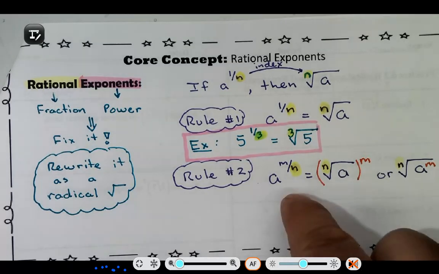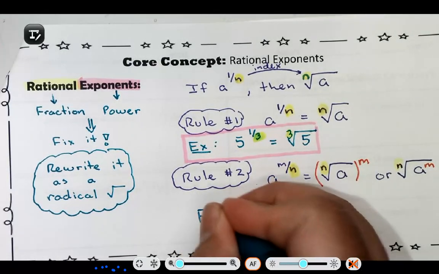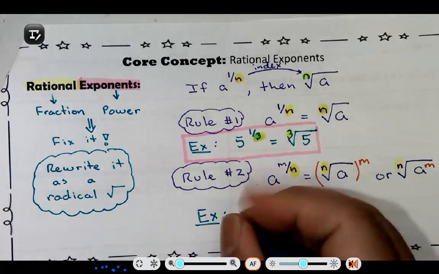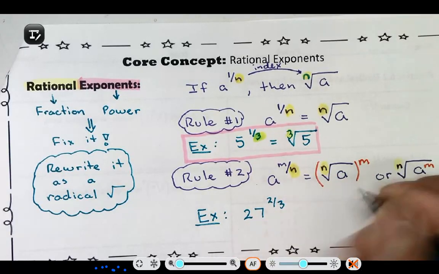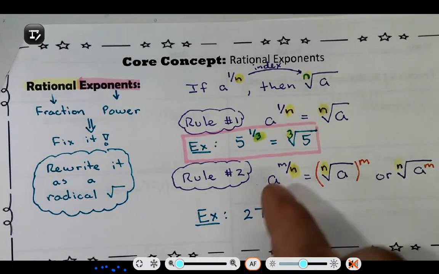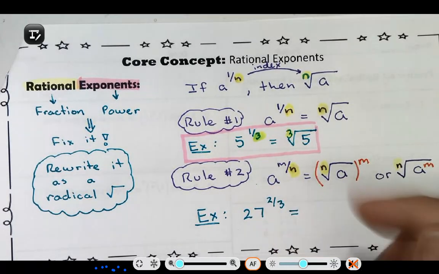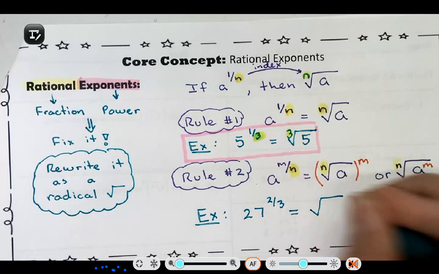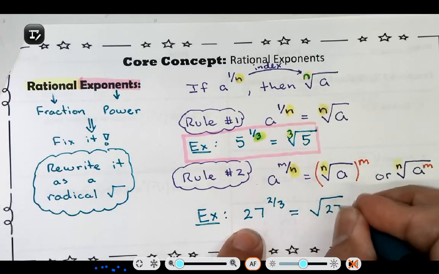So I want to give you a quick little example of this one. If we say 27 to the power of 2 over 3, again, we see a fraction, so I write a radical. Here's my 27.